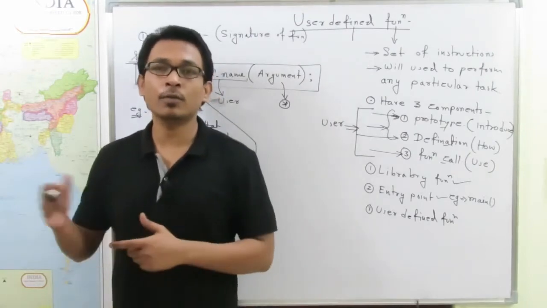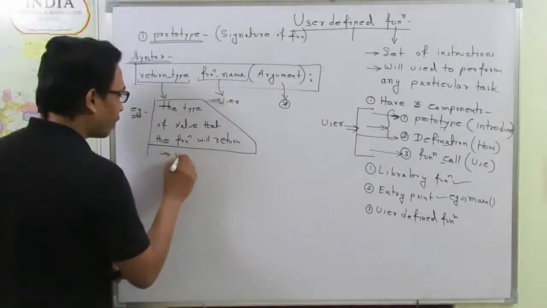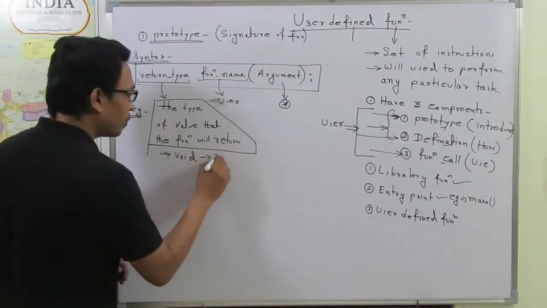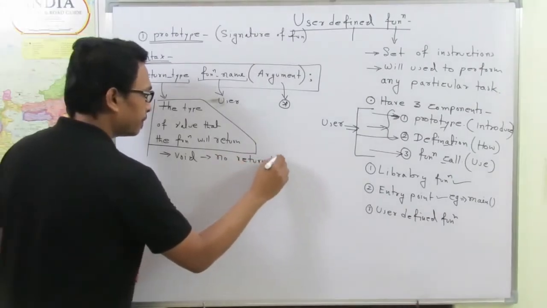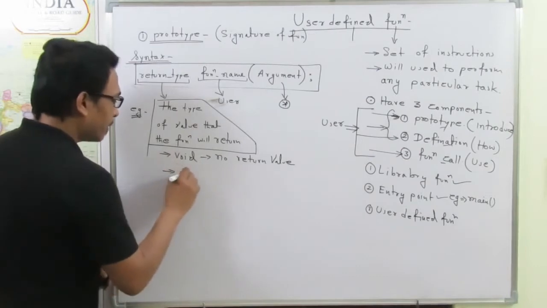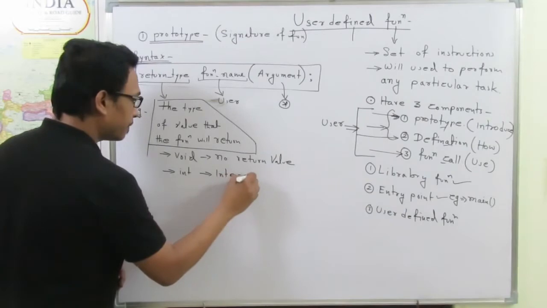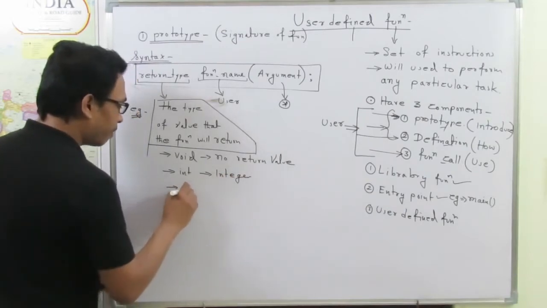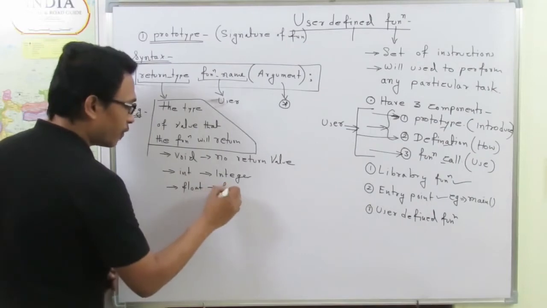At that time, what will be the return type? At that time, the return type will be void, that means no return value. And the return type will be int in case of integer and float in case of float type value.